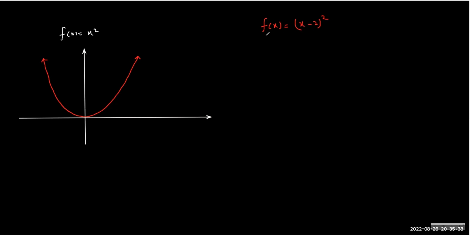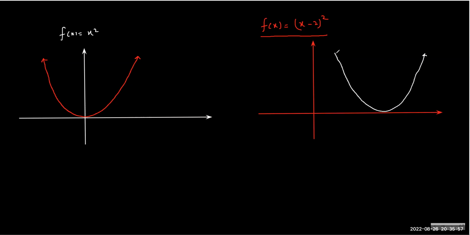Which means this represents the same graph which is shifted by 2 units towards the right. That's called translation. So the shape will not get affected, only it will shift actually. This is the only difference. This is 2.